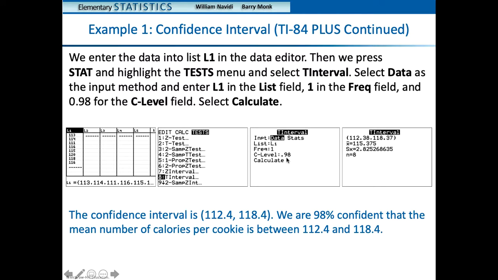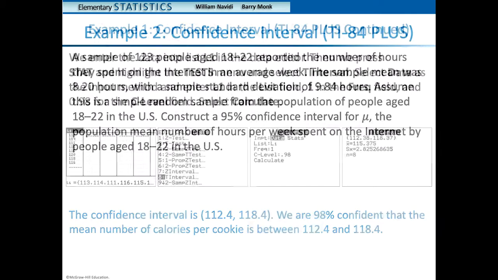So we would put in 0.98. Highlight the word calculate, and it's going to give you this result, right? The confidence interval. These are the two numbers, the lower and the upper endpoint in your confidence interval, separated by a comma. And then it also gives you your sample mean, sample standard deviation, and sample size, right? So that's a fairly nice way of finding these confidence intervals.